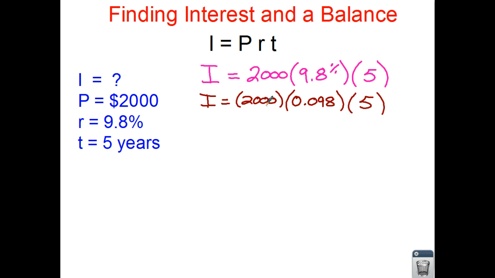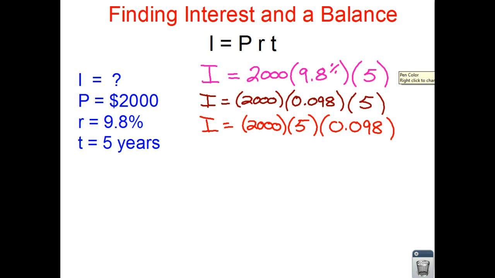So I can rearrange this line here to make it easier for us. Let me do that quickly here. I think taking the 2,000 and multiplying it by the 5 would keep us from having to multiply two different decimal problems. So let's just get a whole number answer first and then multiply it by our decimal.